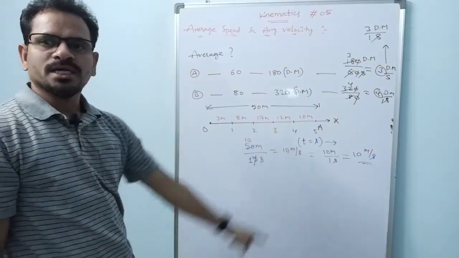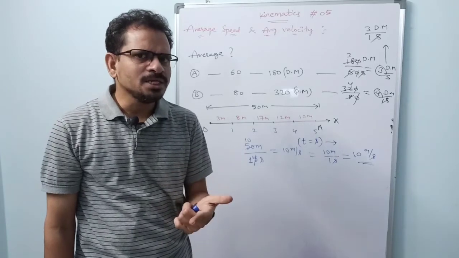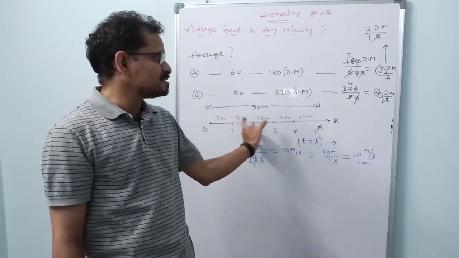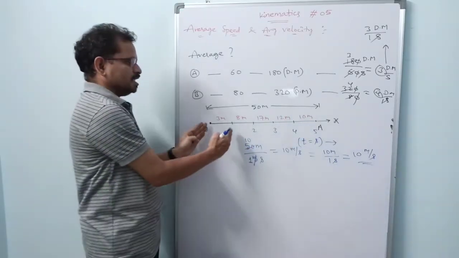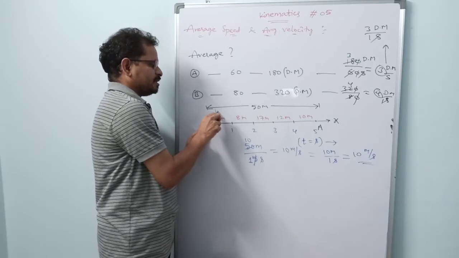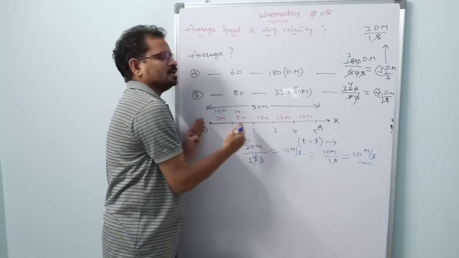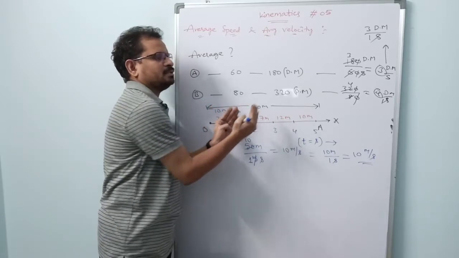What is this 10 here? 10 is the average value of the distances covered. What is distributed uniformly here? For each second, 10 meters, 10 meters, 10 meters.